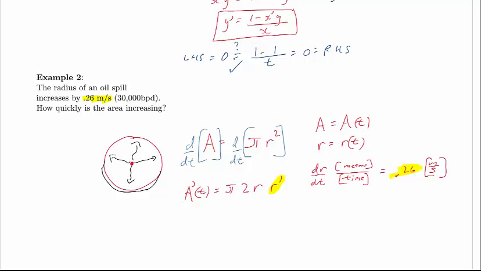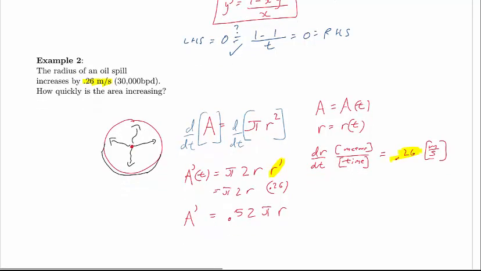And so this is going to become 0.26 pi 2r, and so that equals 0.52 pi r.